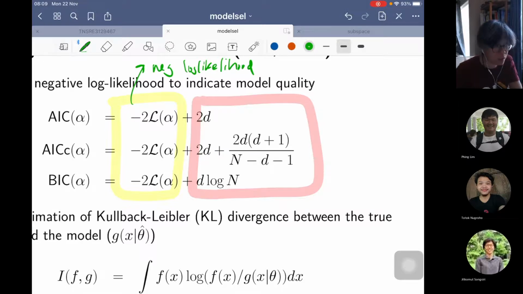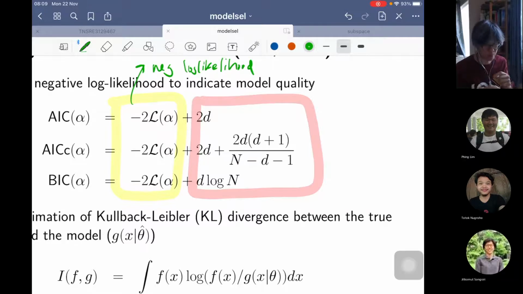Recall that in order to obtain the log likelihood function, you must have an assumption about the data generating process.